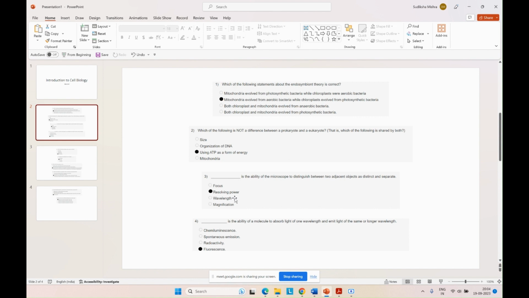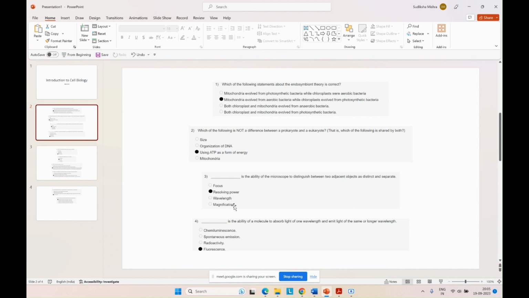Wavelength pertains to the light that you are shining on your sample, and if it's a single wavelength of light belonging to the visible spectrum, it can have anything between 300 to 700 nanometers.